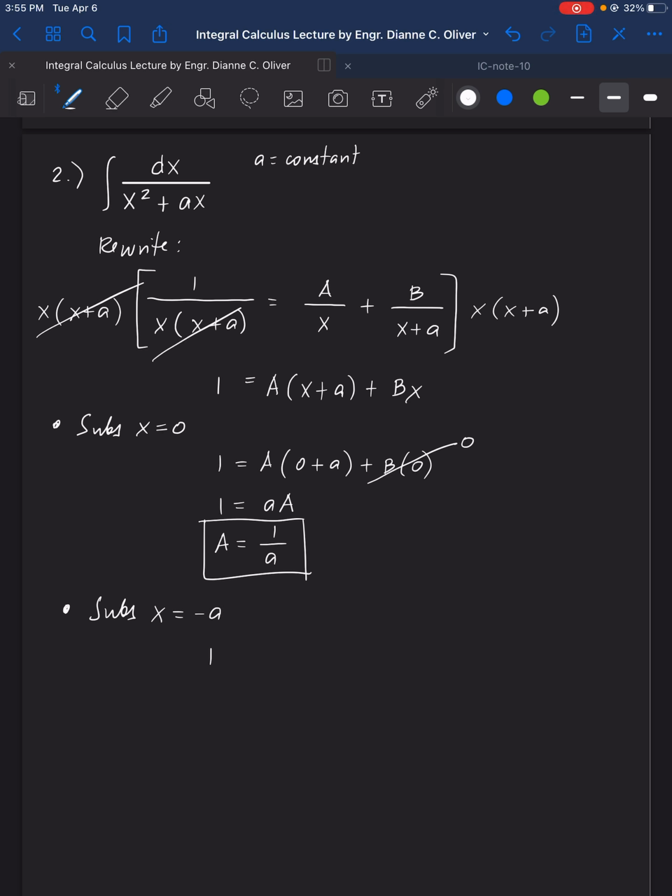So we have here 1 is equal to a times negative a plus a plus b times negative a. So we have here 0. So 1 is equal to negative a b. Therefore, the value of B is equal to negative 1 over small a.